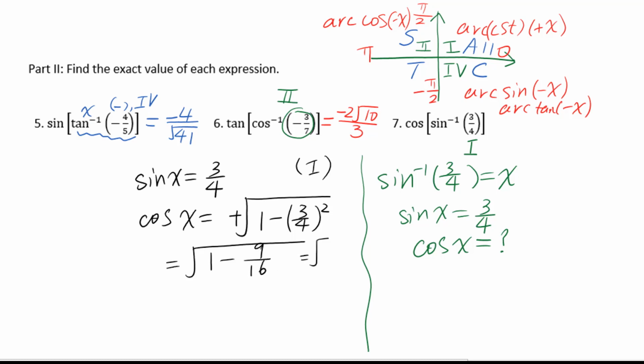So you get the square root of 16 minus 9, which is 7, over 16. So your answer will be square root of 7 over 4. In other words, cosine inverse sine of 3 over 4 equals square root of 7 over 4.